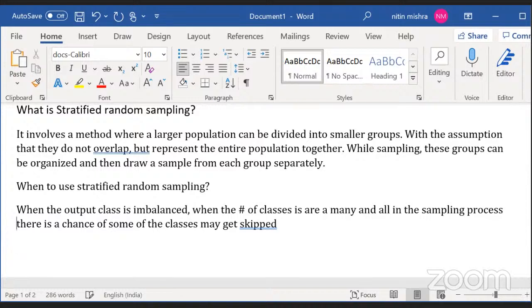So these are the two scenarios when we go for stratified random sampling.